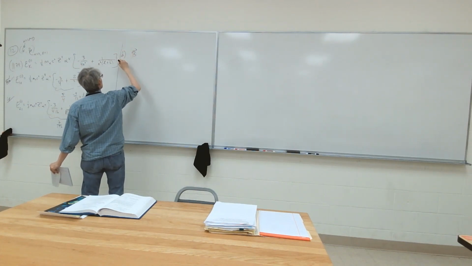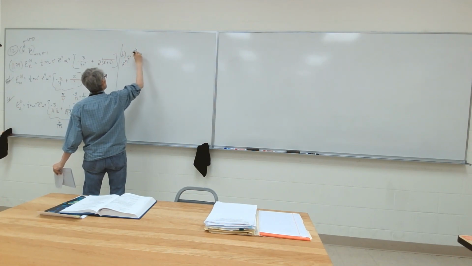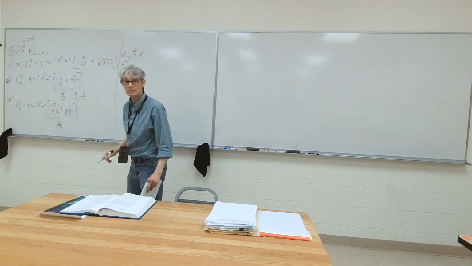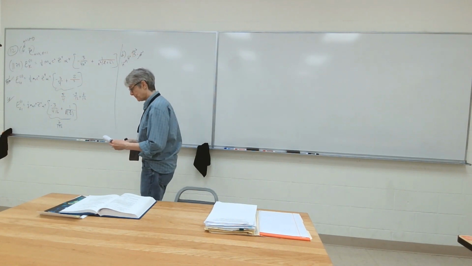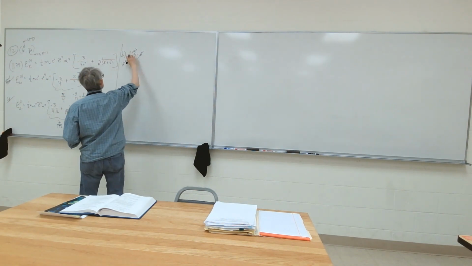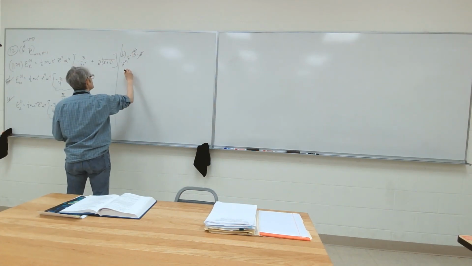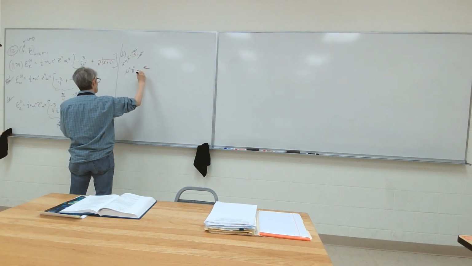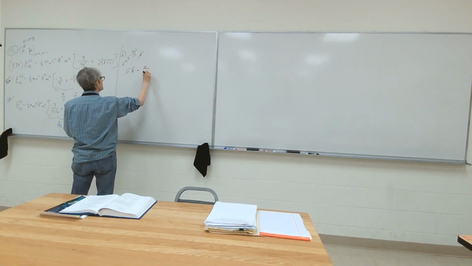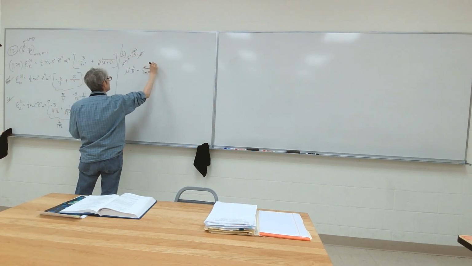So H goes to H plus B dot mu, where mu is the magnetic moment. Actually, this should be a minus sign, I'm sorry. All right, so mu dot B is e over 2mc L dot B.